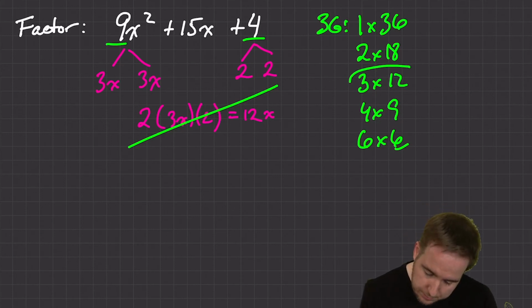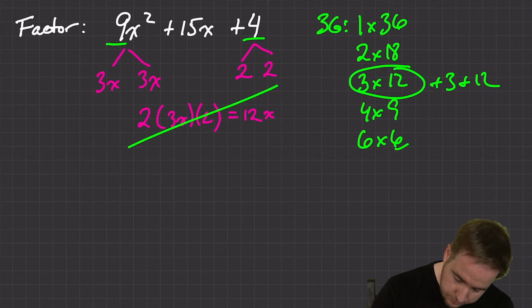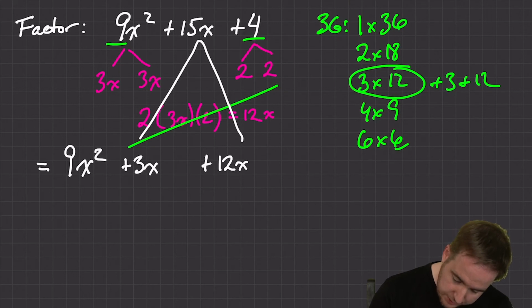Oh, 3 and 12. So if I do plus 3 plus 12, I do get that. So 9x squared, I will split this into plus 3x plus 12x plus 4.